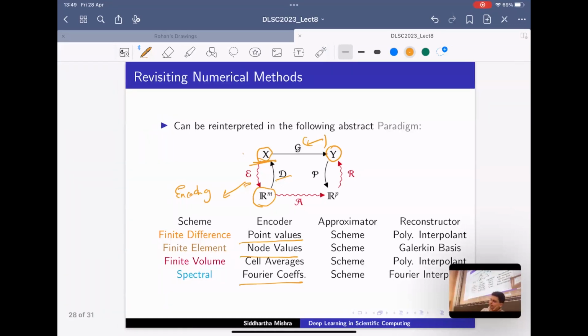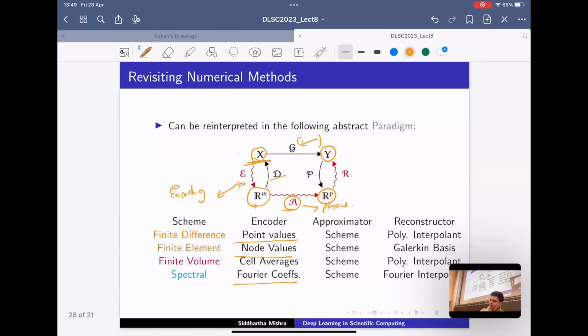Then here you do some processing. This is always at the level of finite dimensions, and this is precisely where the physics is going to be used. And finally, you have some finite dimensional representation, but you have to lift it back to infinite dimensions. You can think of it as lifting, but I like to call this reconstruction. This is where you essentially interpolate, either with polynomial basis or hat functions, Galerkin basis, Fourier interpolation, and so on.